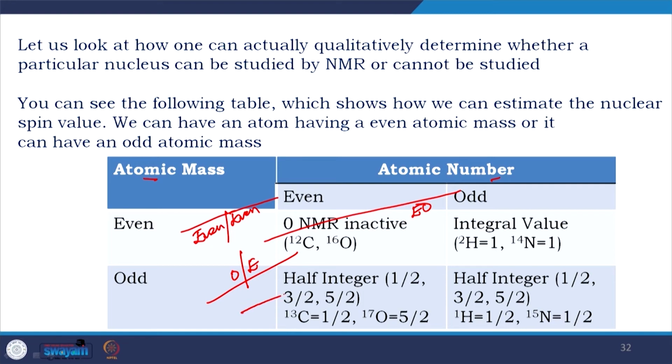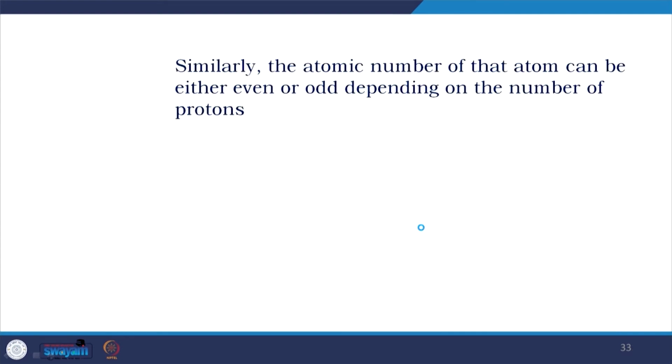Then we go for OO, half integer: 1H equals 1/2, 15N equals 1/2. So, we have four conditions, EE, OE, EO, OO, and this is how we could determine the NMR active or NMR inactive elements.